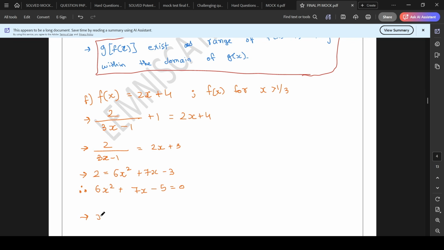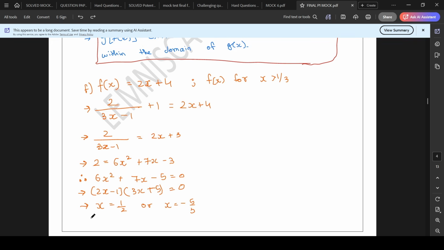So x equals 1 by 2 or x is equal to minus 5 by 3. From here I'll make a factor that will be 2x minus 1 and then 3x plus 5. This is equal to 0. Now I'll also compare that 2x into 3x is 6x squared. So I know that the coefficient of this bracket is 1. I don't need to write anything over there.